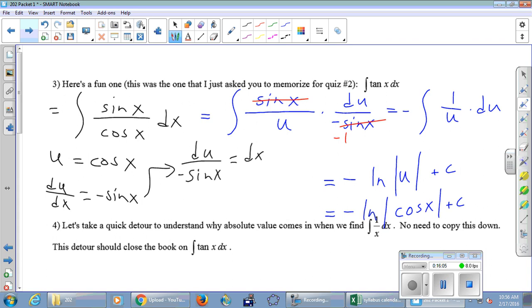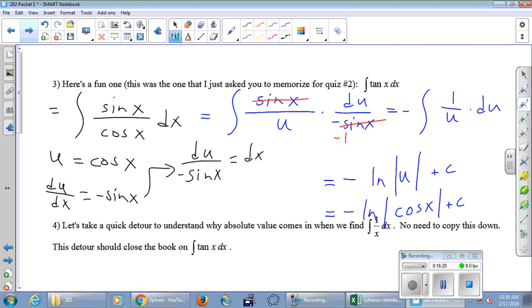Okay, in number 4, it says, let's take a detour to figure out why the absolute value comes in. And this is something I've been teasing for the last few classes. I'm actually going to skip it right now. It's really just a technicality. It's not interesting. And I'd rather we spend the extra 5 minutes practicing u substitutions today than this technicality.